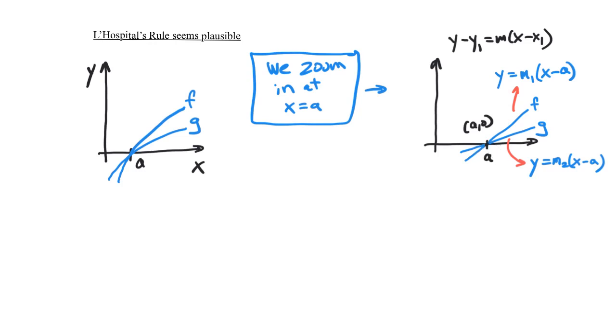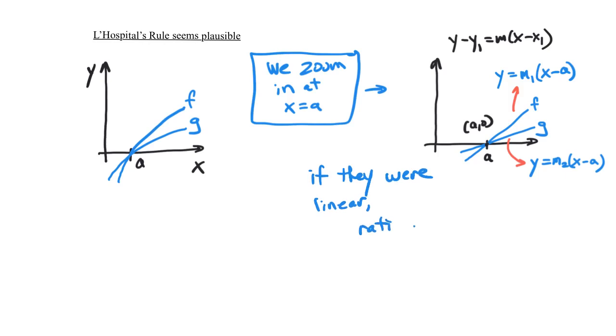So they're not linear, but if they were linear, then we would have this ratio.